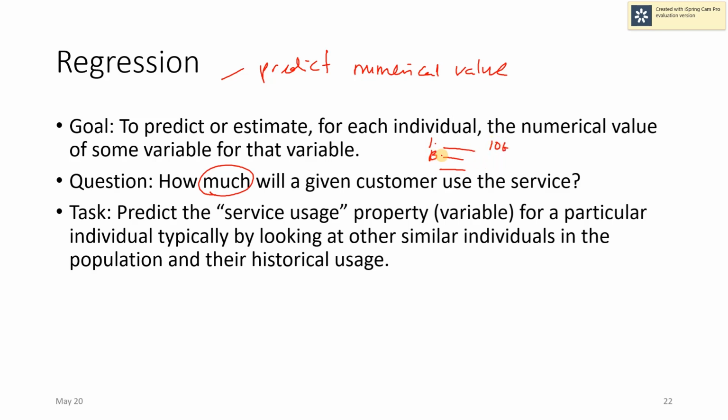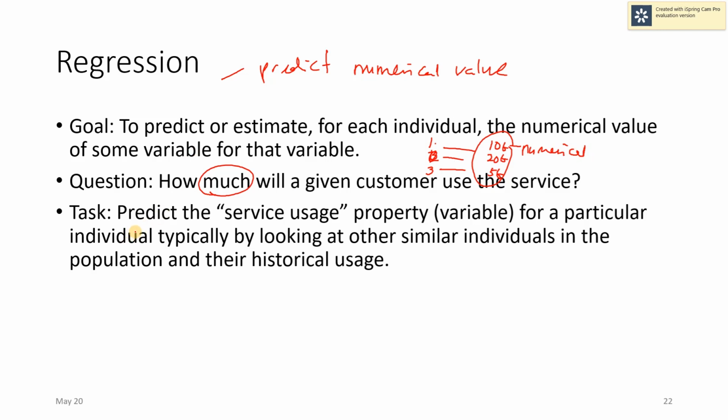Customer B, for example, dia adalah student, mungkin dia akan pakai 20 gig sebab banyak nak kena guna, nak buat online classes. And then customer number 3, for example, nenek yang dah umur 60, duduk dekat kampung, mungkin dia pakai 5 gig sahaja. So this is the numerical value that we are going to predict.